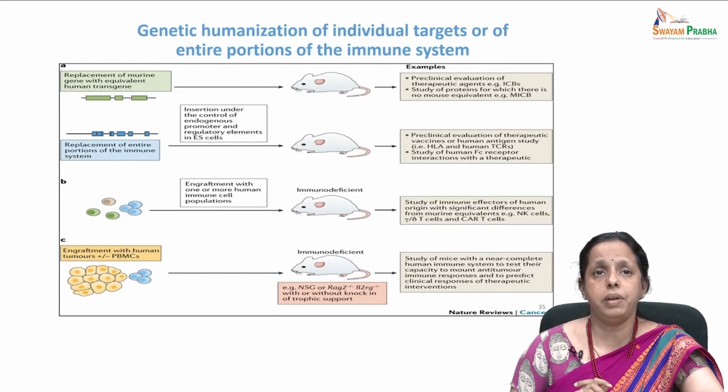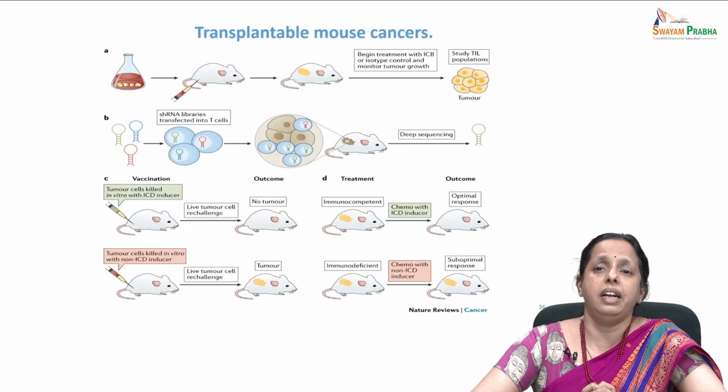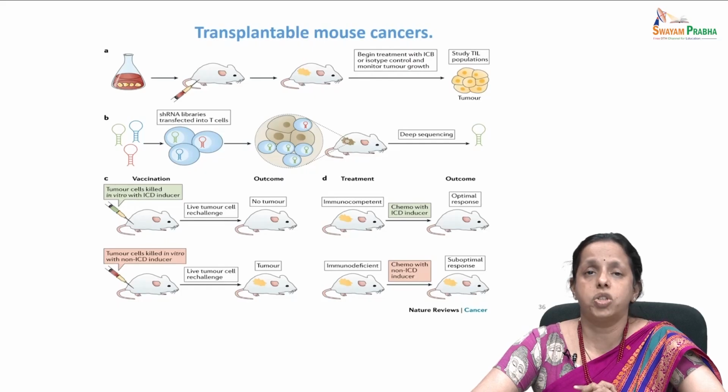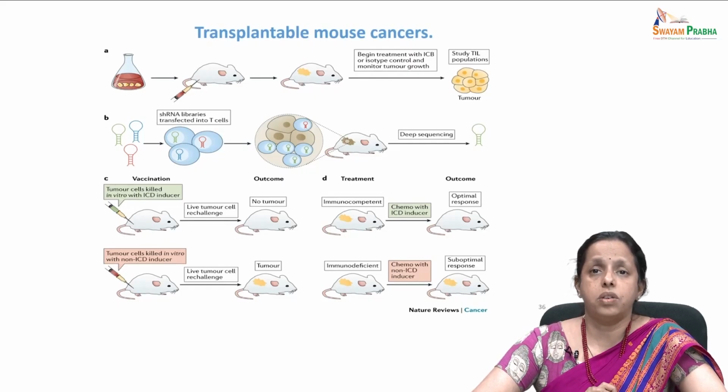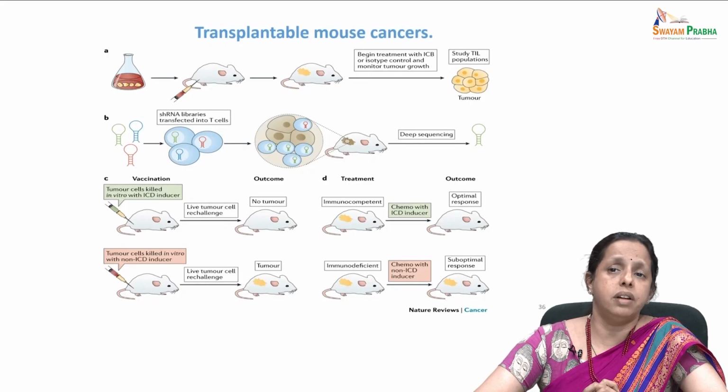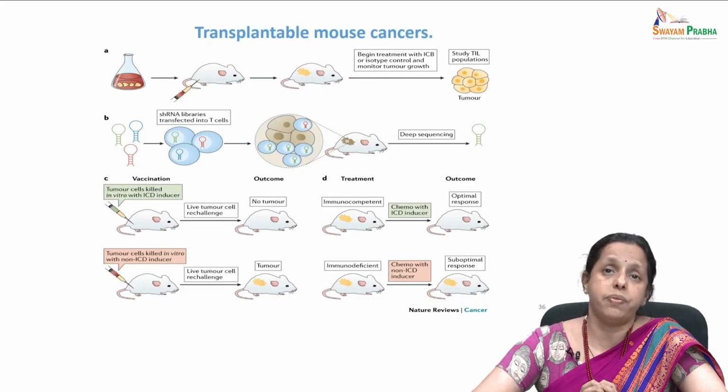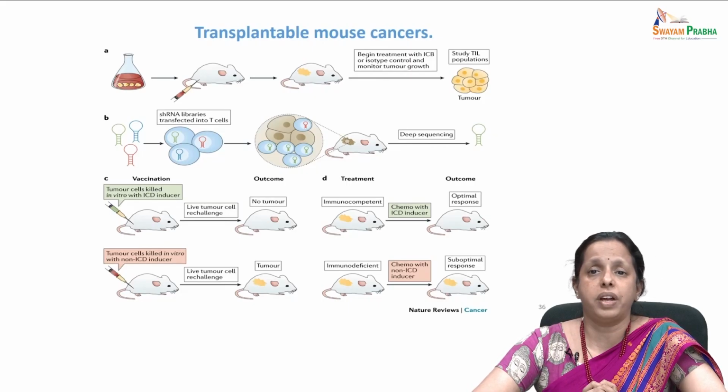A cancer therapy can be defined as an inducer of immunogenic cell death if it fulfills two criteria. The vaccination of the cells killed in vitro with the ICD inducing intervention elicits a protective tumor antigen specific immune response in the immunocompetent mice in the absence of any adjuvant.